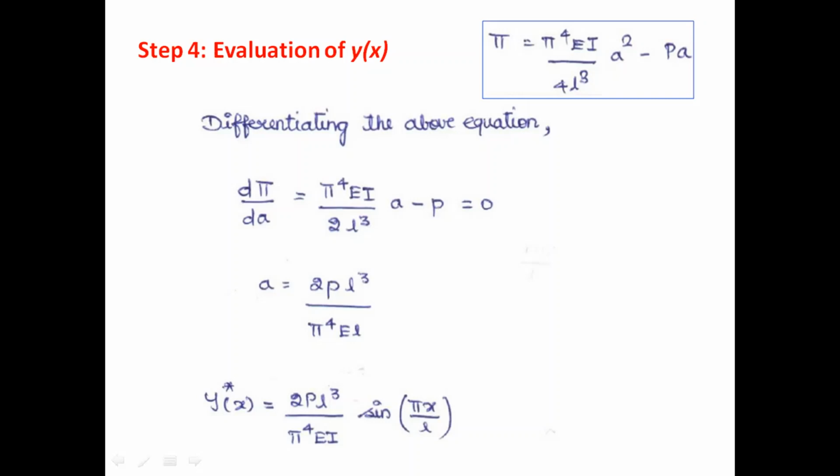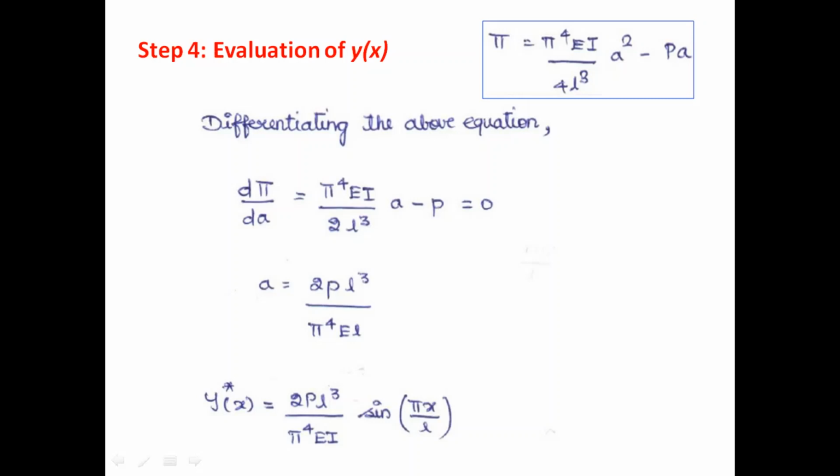Since we have only one unknown, I am using the d symbol. d pi by dA is equal to pi to the power 4 EI divided by 2L cube A minus P, equal to 0. Here A square becomes 2A, and in P the A becomes 1. So finally we get the expression A is equal to 2PL cube by pi power 4 EI.